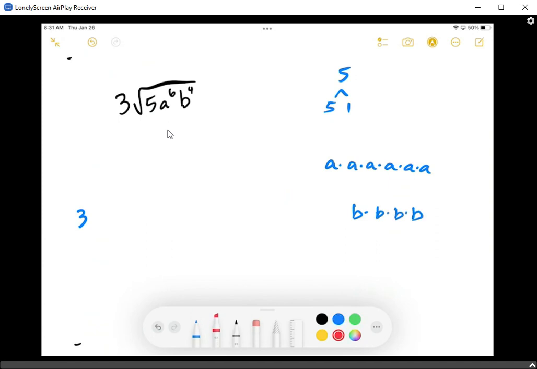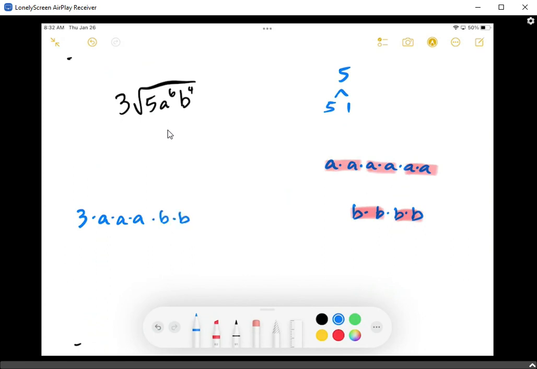When we go through, we're always looking for pairs, right? So I see a set, a set, a set, and the b's, I see a set and a set. So what we're really drawing out is 3 sets of a's and 2 sets of b's.